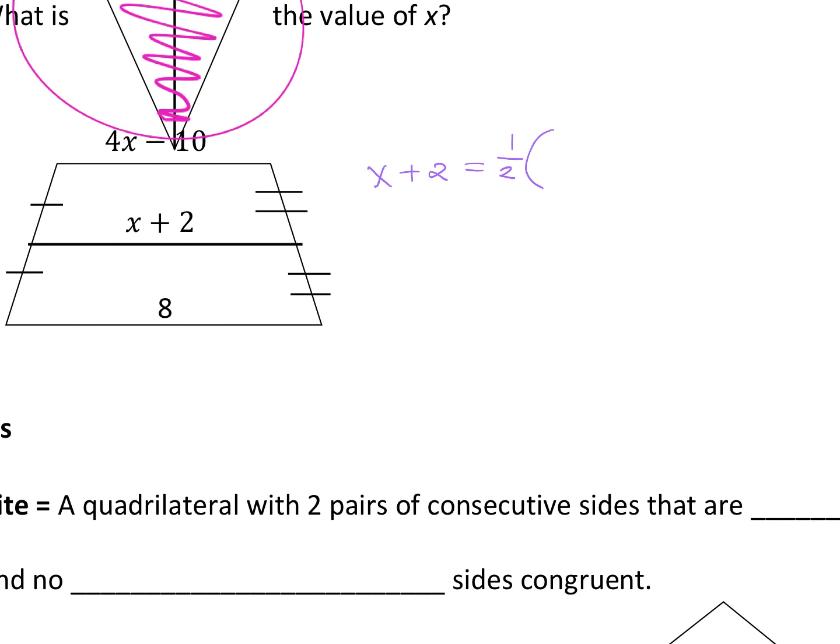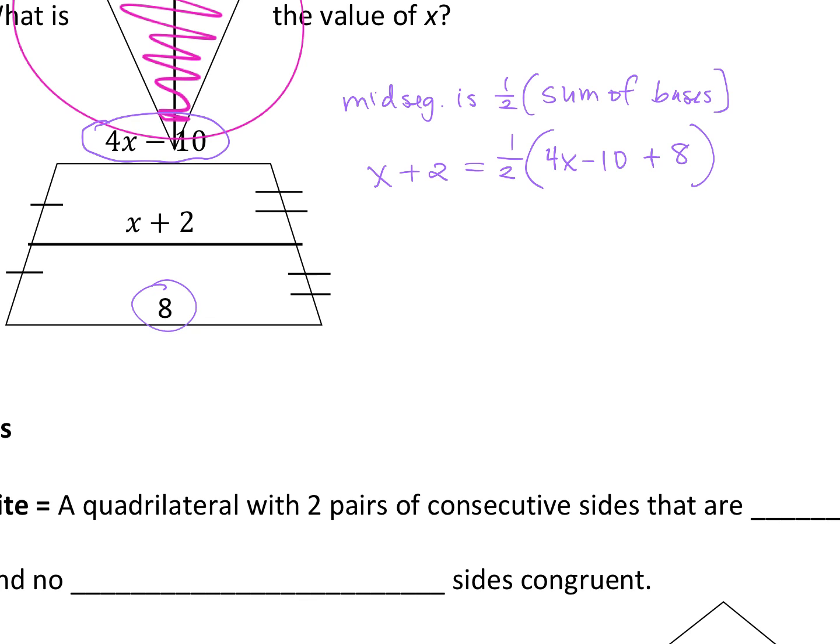What's the sum of the two bases? You have 4x minus 10 plus the 8. That's adding together our two bases. So the midsegment is half of the sum of the two bases. That's how you would set it up.